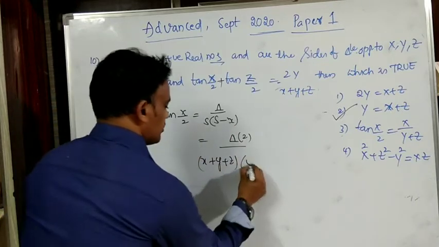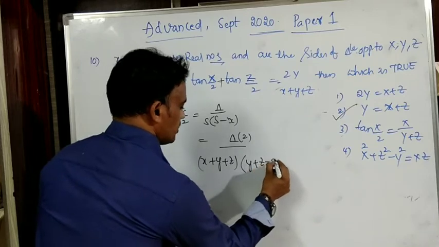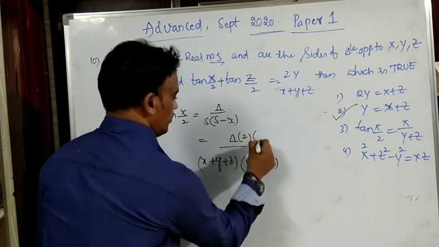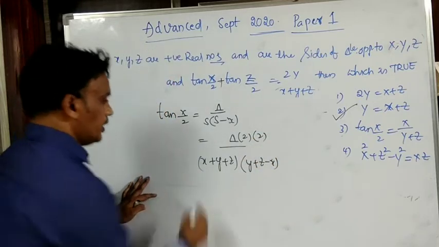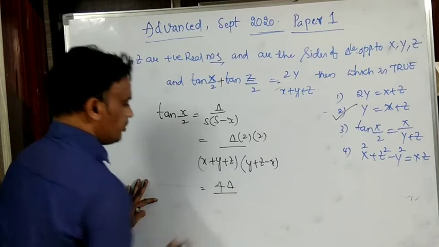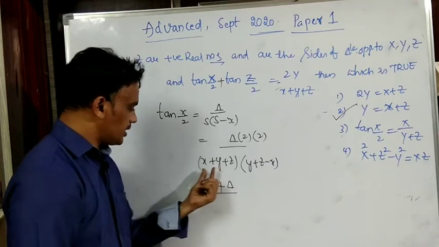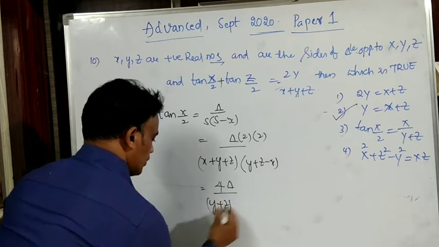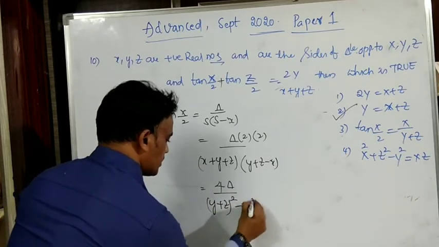Here I can write this as y plus z minus x by 2. Now the numerator is 4 delta by, now it is y plus z plus x, y plus z minus x, which is y plus z whole square minus x square.